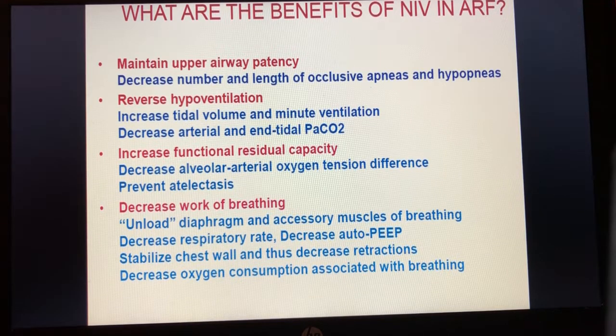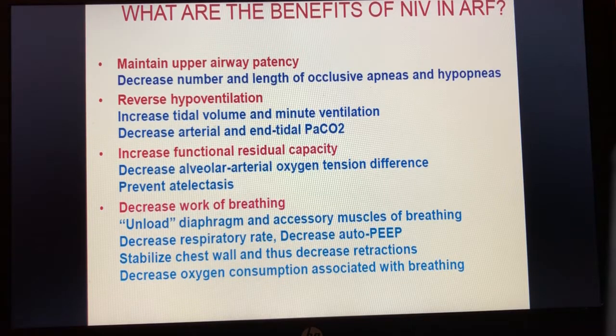So the number of apneas and hypopneas can reduce. We've also already mentioned that we can increase tidal volume by keeping the airways open and reduce end-tidal CO2 by, in effect, inflating or blowing up the lungs a bit more, i.e. by increasing functional residual capacity.